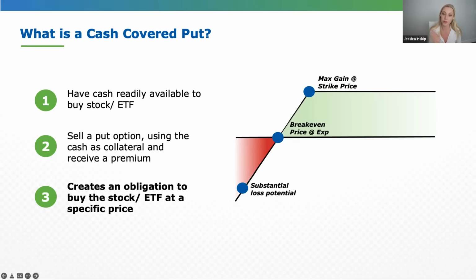And then the inverse is true with the covered call. If you were to put a sell order in for a stock, your securities are collateral while they're sitting there. Yes, you do collect dividends and you could still participate in capital appreciation as the stock goes up, but the covered call allows you to maximize that yield while you're waiting for it to hit your exit price.